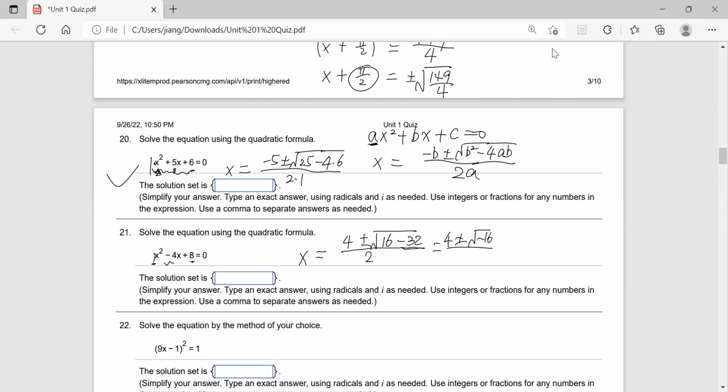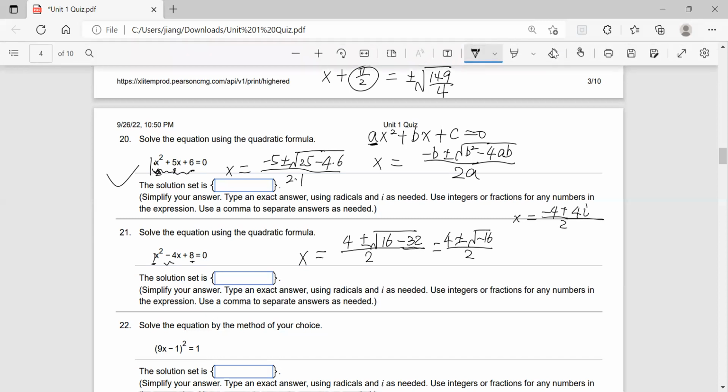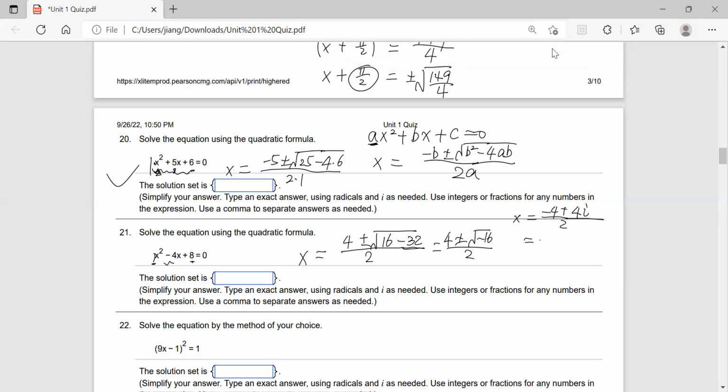When you see a negative number in the square root, that's an imaginary number. So one solution is x equals negative 4 plus the square root of 16, that's 4i, divided by 2. Simplify this one, I got negative 2 plus 2i.